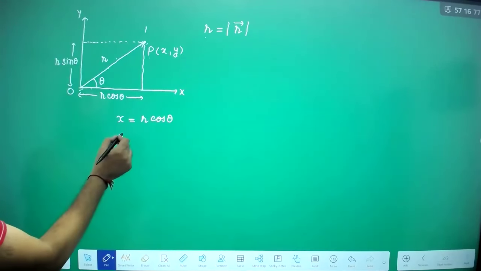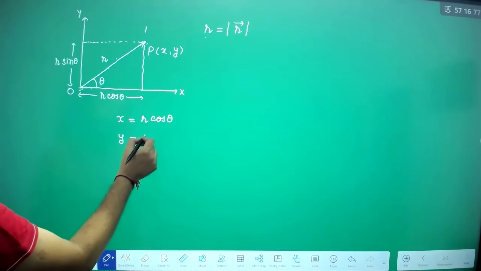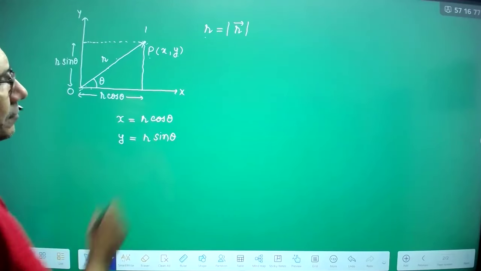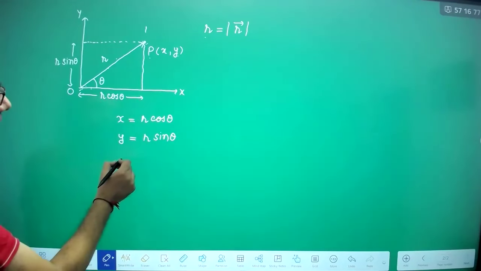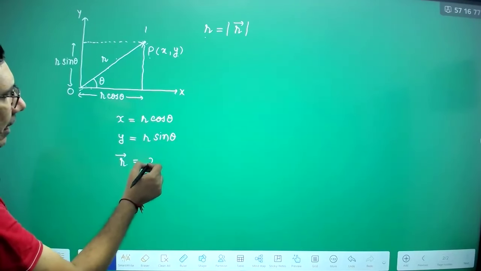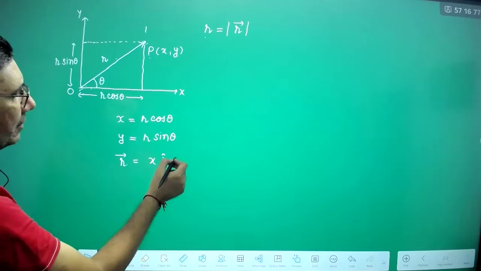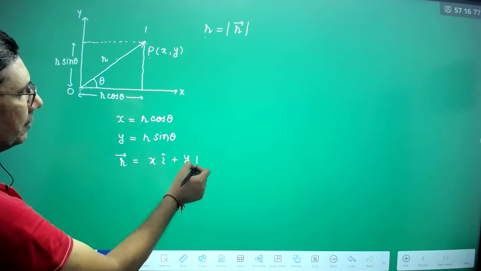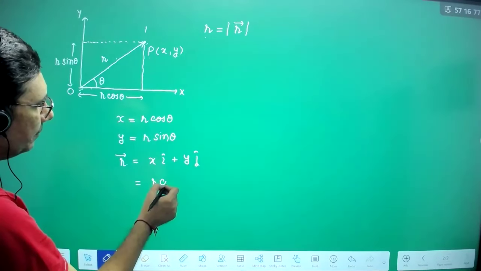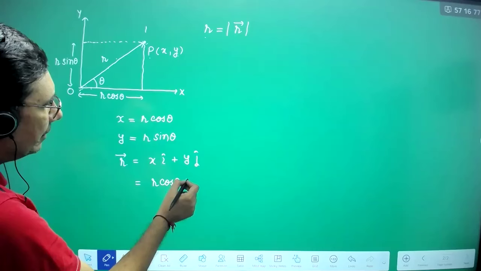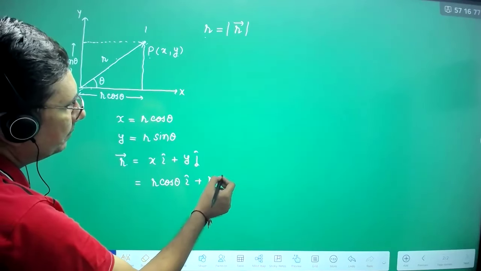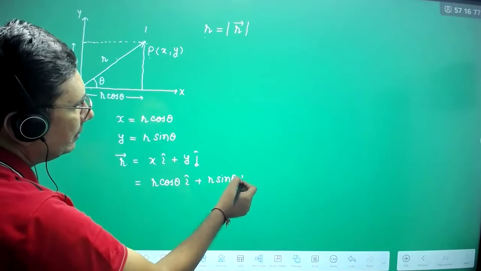So the x and y coordinates can also be written as r cos theta and r sine theta. Now the position vector you can write as x i cap plus y j cap. So this will be r cos theta i cap plus r sine theta j cap.